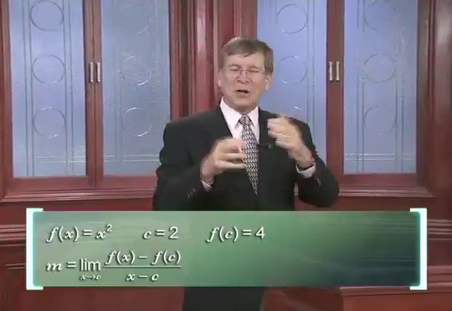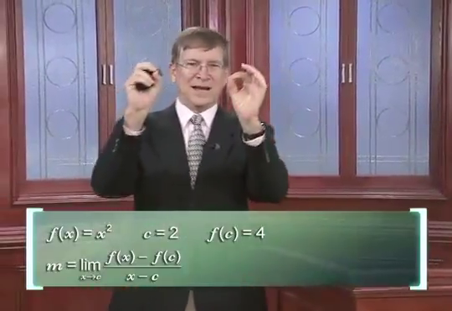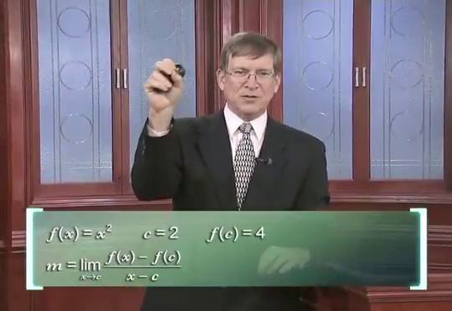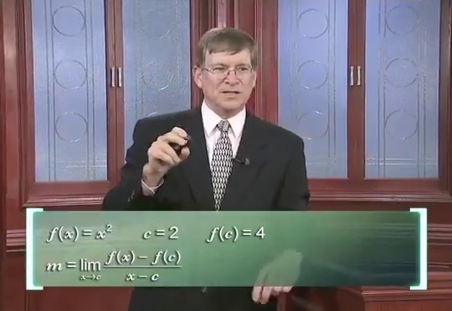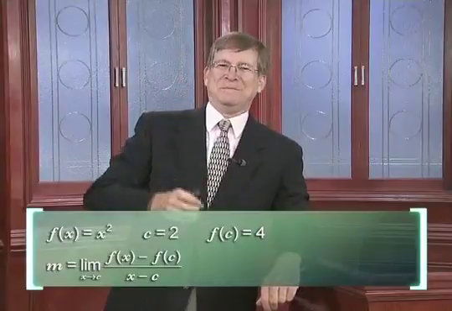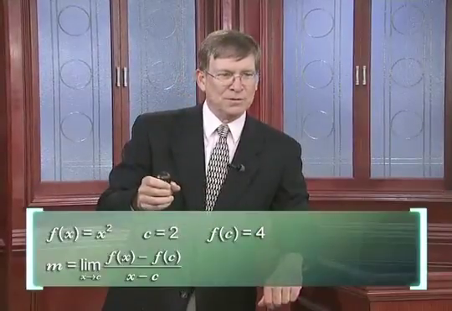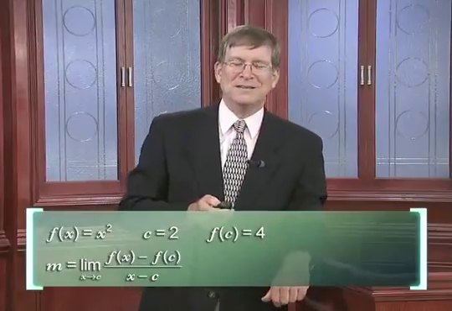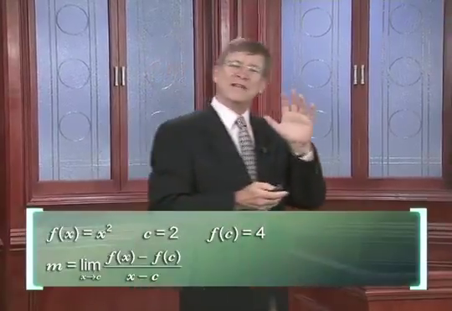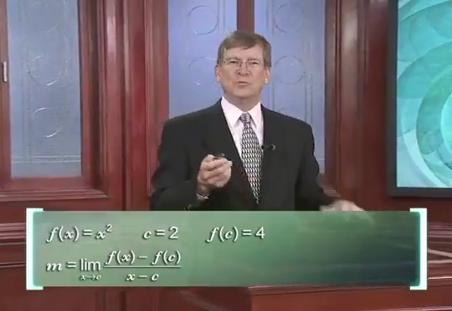And lo and behold, this notation that I just showed you, the limit as x approaches c of (f of x minus f of c) over (x minus c), that is the definition of the slope of the tangent line to a curve at the point c. Great. So now we have the definition of slope to a curve.